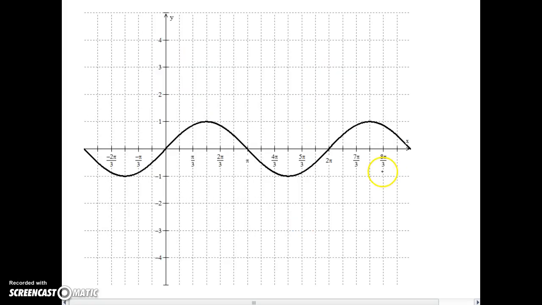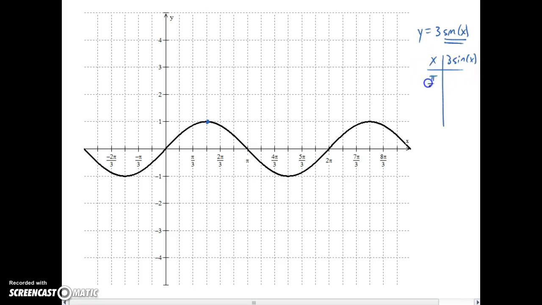So let's talk about what happens when we do that to our basic sine curve. Here's y equals sine of x, and what I'd like to do is look at y equals 3 times the sine of x. And since it's 3 times the old y values, our new y values are just 3 times as big. So here at pi halves, where the y value is 1, we're looking at 3 sine of x for the y values.